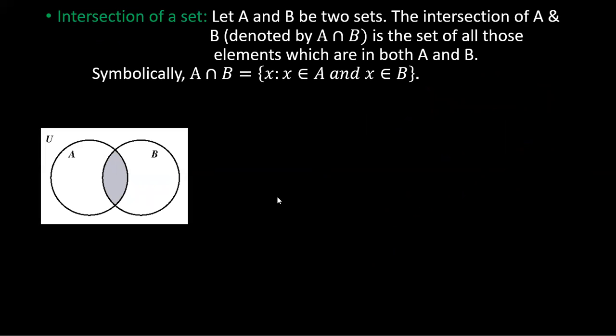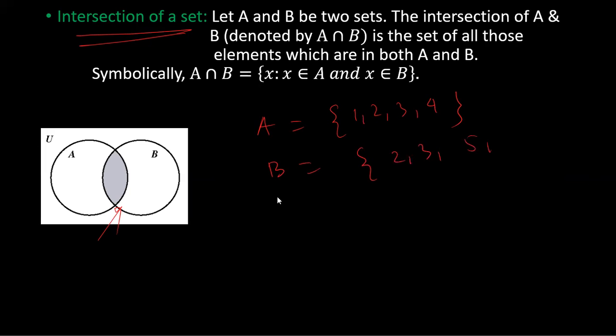Intersection of sets. I have just mentioned previously that the common part is nothing but the intersection. Let's say for an example, A is 1, 2, 3, 4. B is 2, 3, 5, 7.